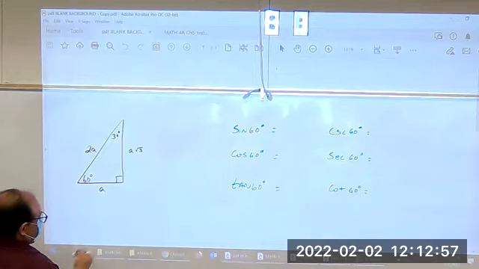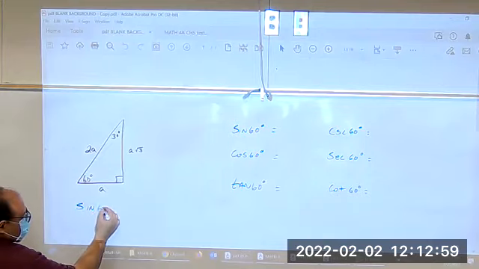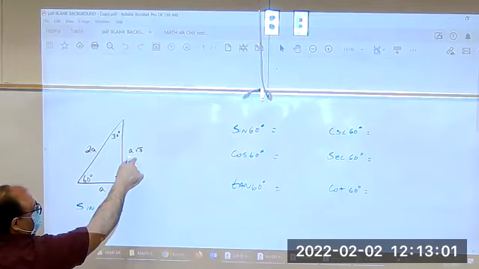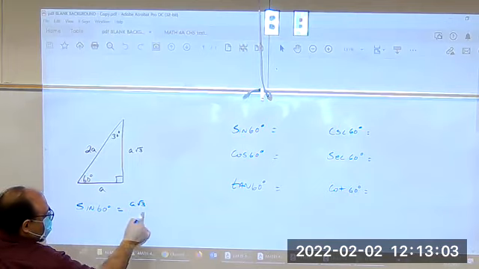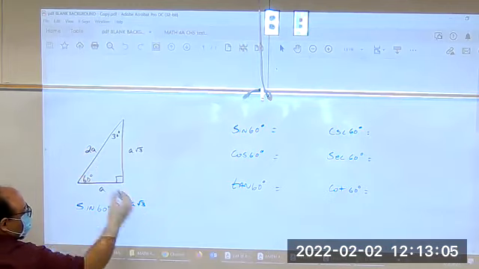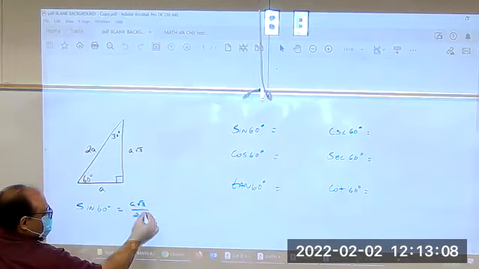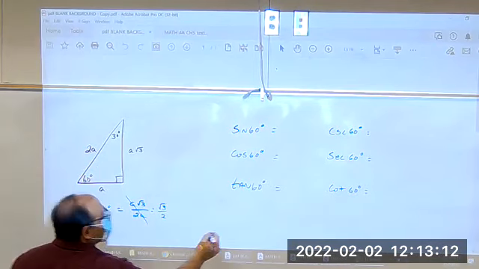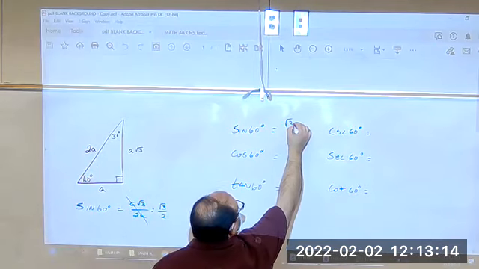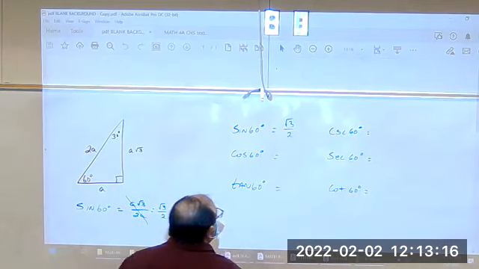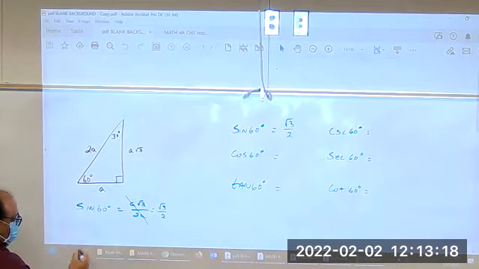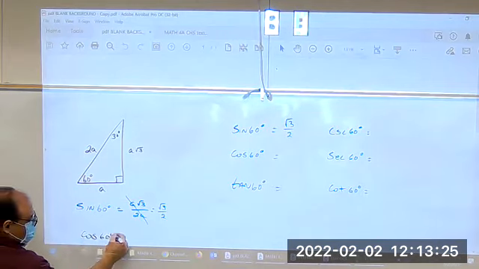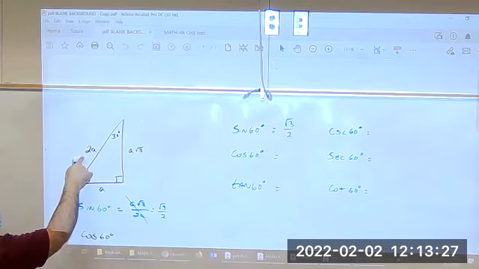So sine of 60. Opposite, a square root 3, over hypotenuse, 2a. The a is reduced, square root 3 divided by 2. Cosine of 60. Adjacent over hypotenuse.